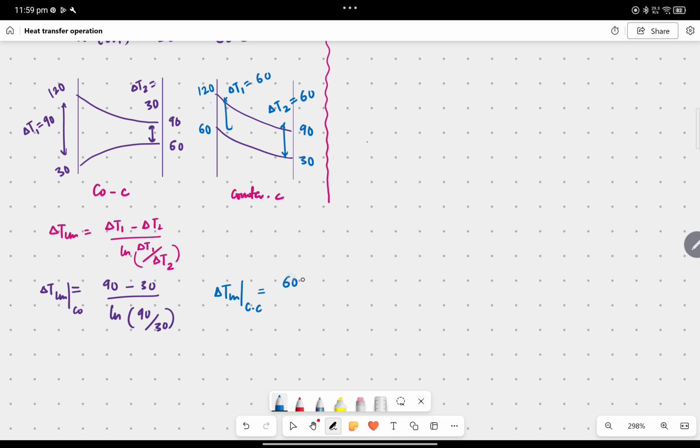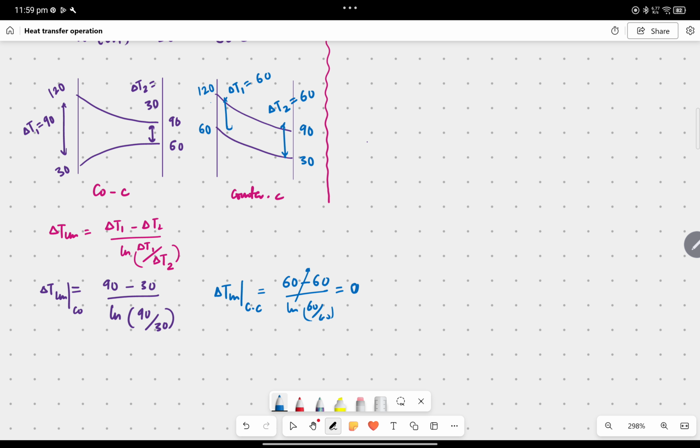So 60 minus 60 gives 0 in the numerator, 60 minus 60 by ln 60 by 60, and the delta TLM we get is 0. That is not correct, because there is a temperature difference.